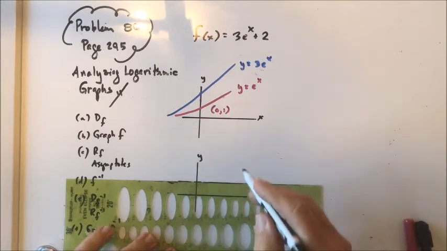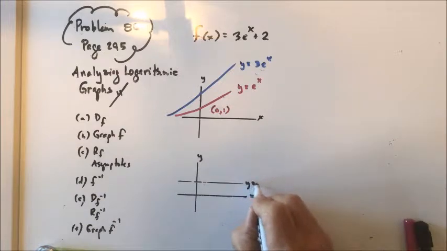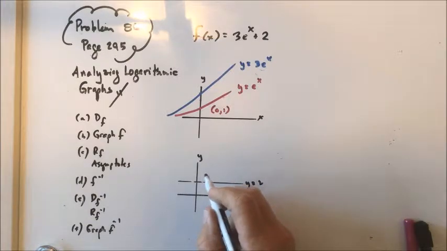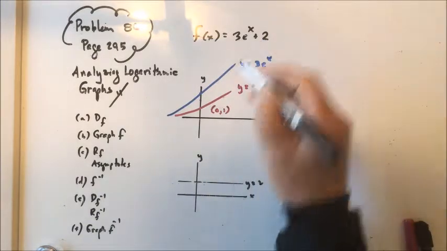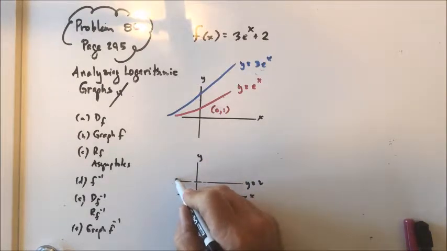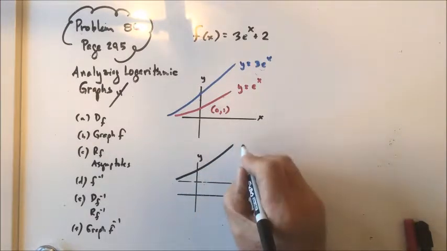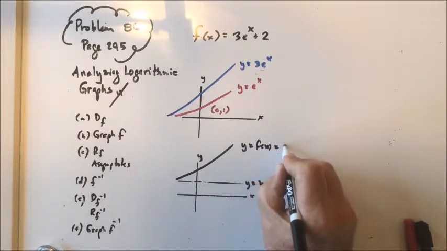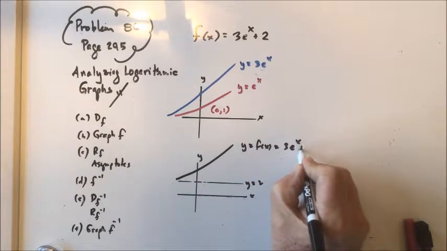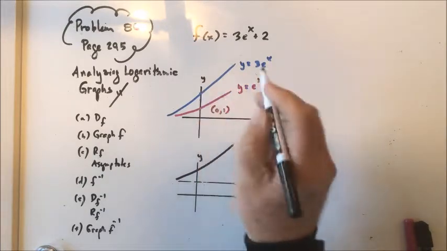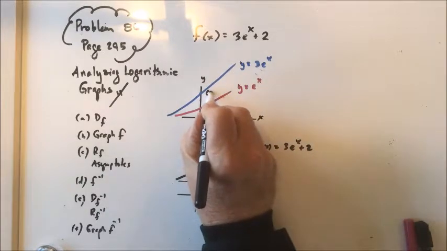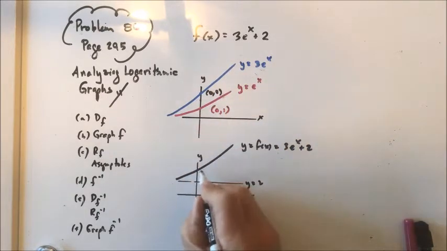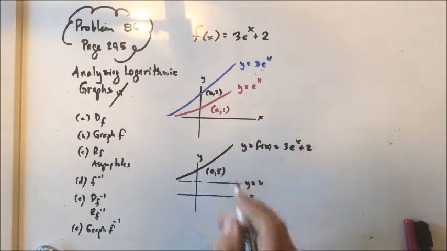I'm going to draw the line y is equal to 2, and then we're going to just draw this function y equals f of x is equal to 3 e to the x plus 2. And if this point right here was 0, 3, then this point is going to be 0, 5. And there you have it.